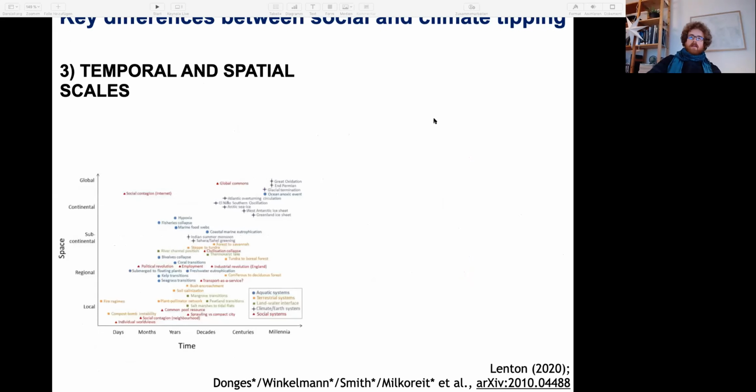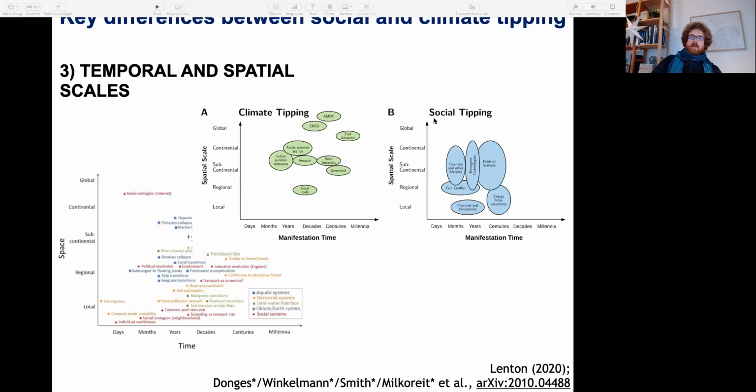Spatial and temporal scales are important. It has been shown in different reviews here by Lenton and also in our paper that these different systems that have been discussed as tipping systems live on really different scales, from days to millennia, and from spatial scales from local to global. But the climate tipping elements, for example, tend to live on larger scales in time and space compared to the social tipping elements.